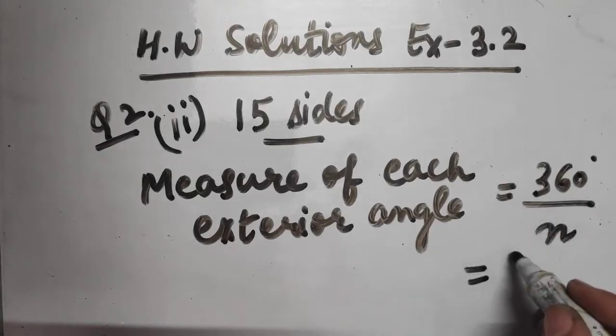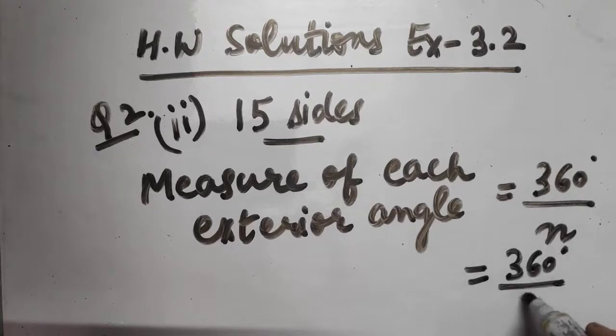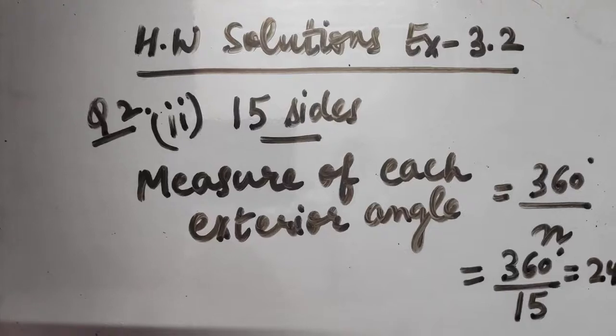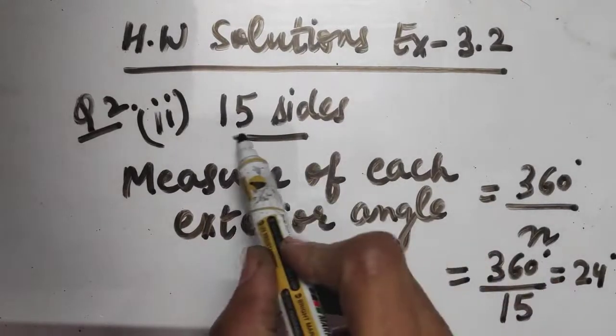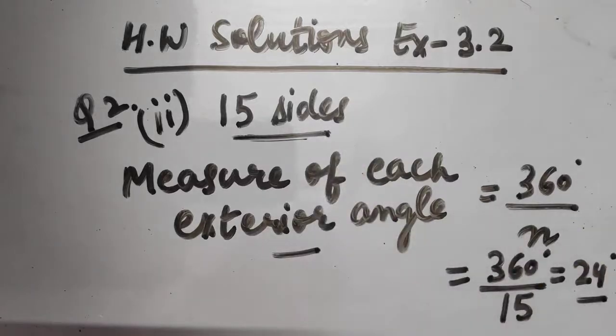So here in this case it will be 360 degrees divided by 15, that will be equal to 24 degrees. So the measurement of each exterior angle when number of sides are 15 equals 24 degrees.